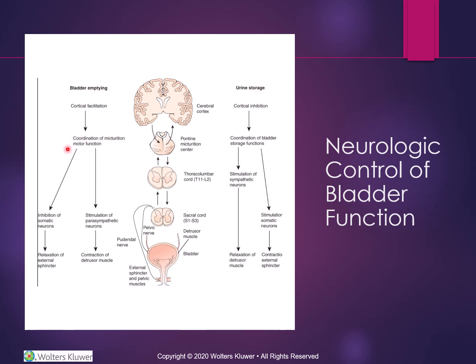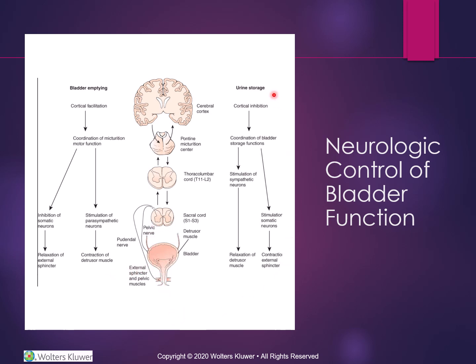And then that micturition motor function is coordinated there. So we send a signal down for inhibition of the somatic neurons, and that causes relaxation of that external sphincter. And then the other signal is stimulation of the parasympathetic neurons, and they help to cause contraction of those detrusor muscles that leads to overall emptying of the bladder.